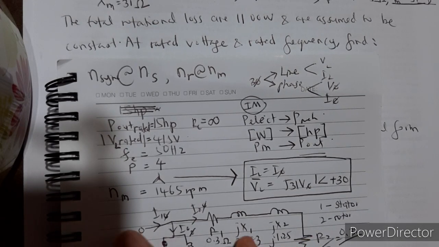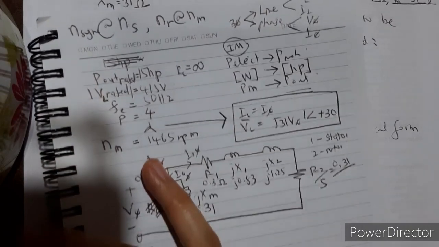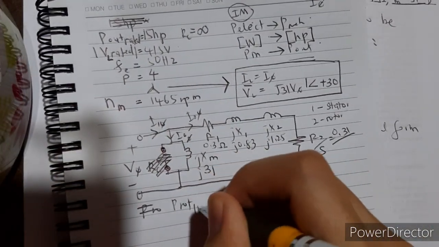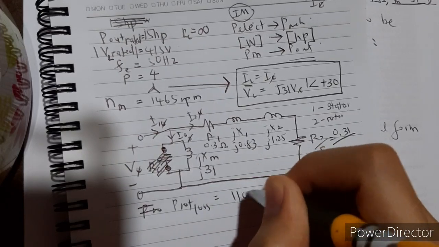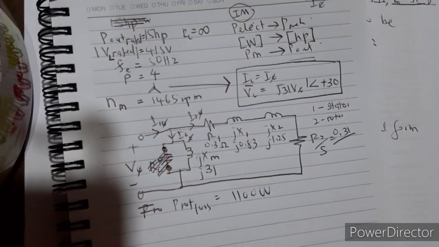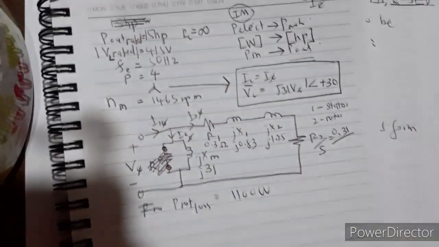Fine. So just add here extra information. P rotational loss is 1100 watt. Okay, please jot down any information given. Yes. Okay.